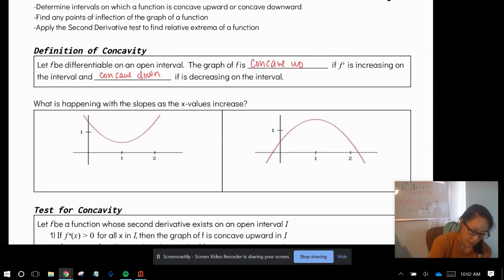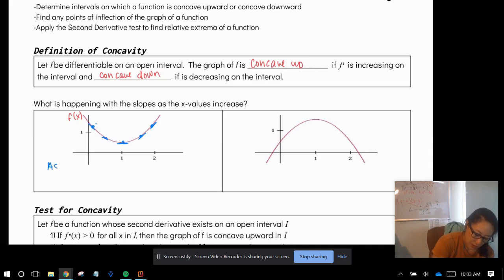If this is f of x, I know that f prime is the slope of the original. At the bottom here at 1, the slope is 0. As x increases, what is happening with the slopes?